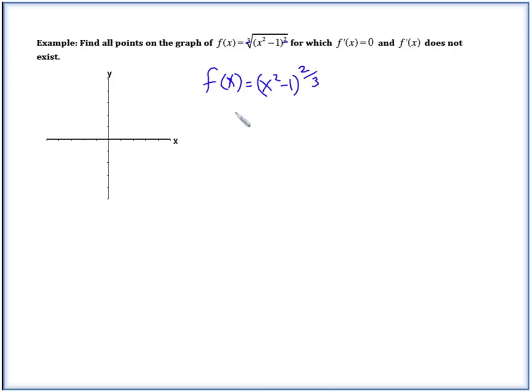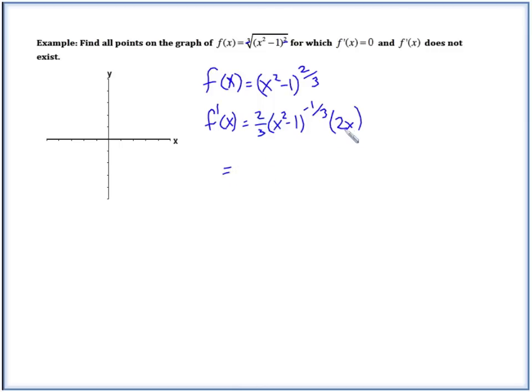Okay, so let's go ahead and use the general power rule to find our derivative. So we get 2/3 x squared minus 1. Well, what's 2/3 minus 1? That's going to be 2/3 minus 3/3, or negative 1/3, times the derivative of our inside function, 2x. And now let's go ahead and simplify this.